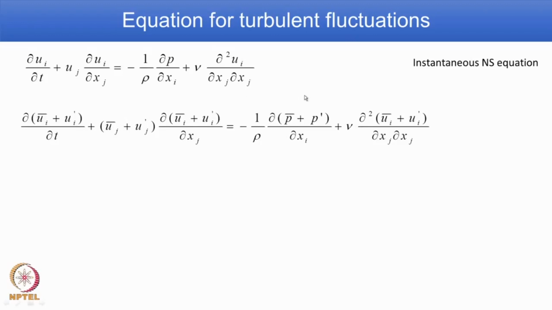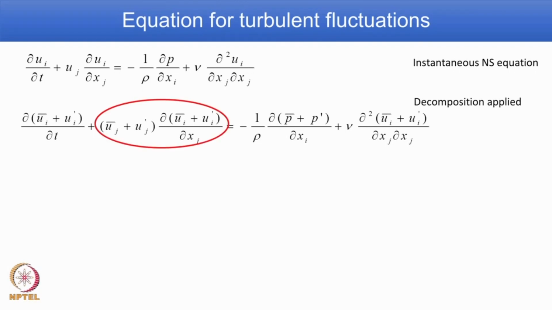Now, the first equation, as I have been telling before, is a Navier-Stokes equation, but in the case of turbulent flow context, it is interpreted as instantaneous velocity component used in the Navier-Stokes equation. So, this is after decomposition applied, and in this equation it is easy to write after doing the time averaging for each term.